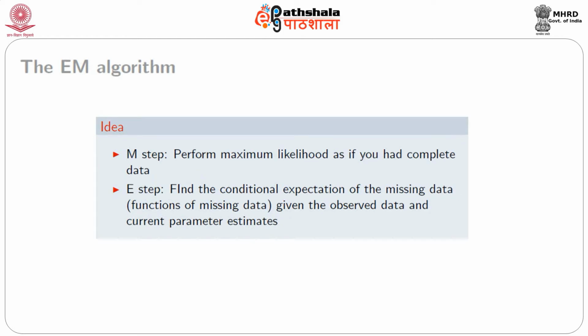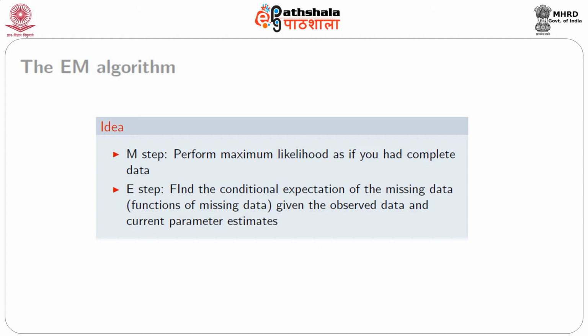So, what do we do in the M step? We perform a maximum likelihood as if we had the complete data. So, assuming we have the complete data, whatever data we have, we perform maximum likelihood. In the E step, what do we do? We find the conditional expectations of the missing data given the observed data and current parameter estimates.